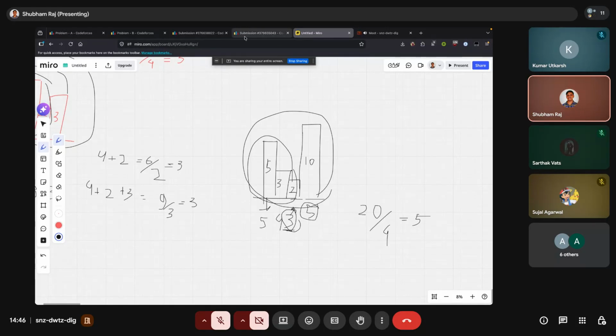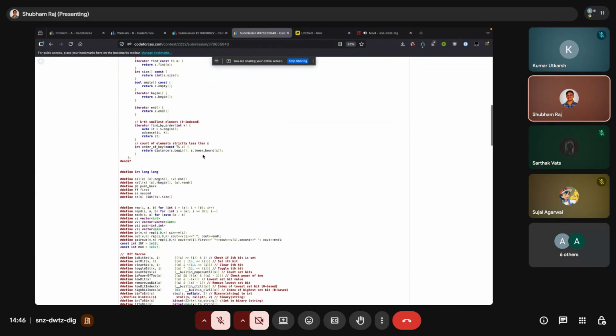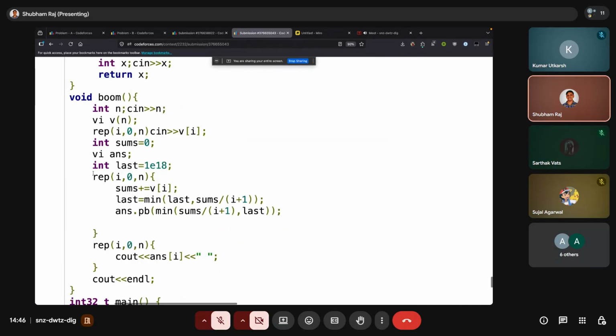So if I show you the code of problem B, first I am storing the last minimum, that's why I'm assigning it a very large value.